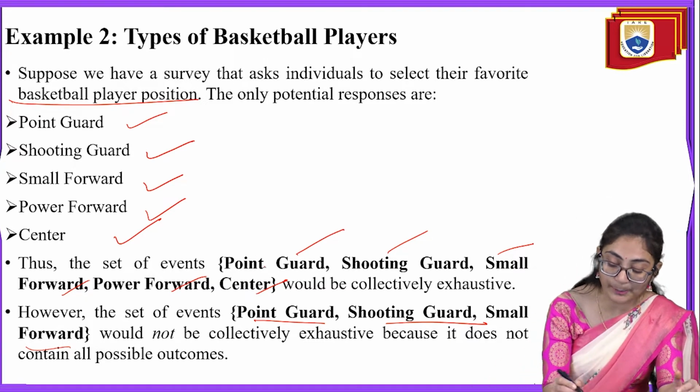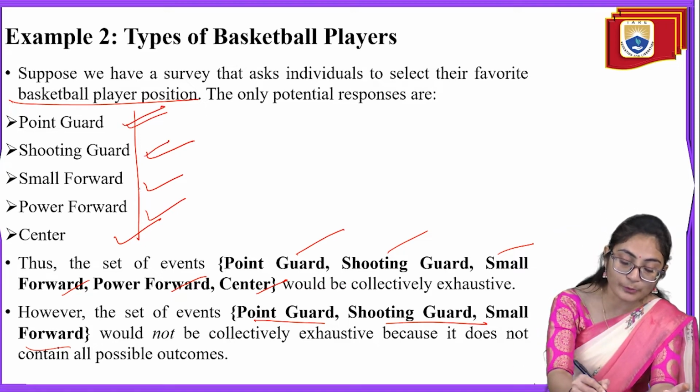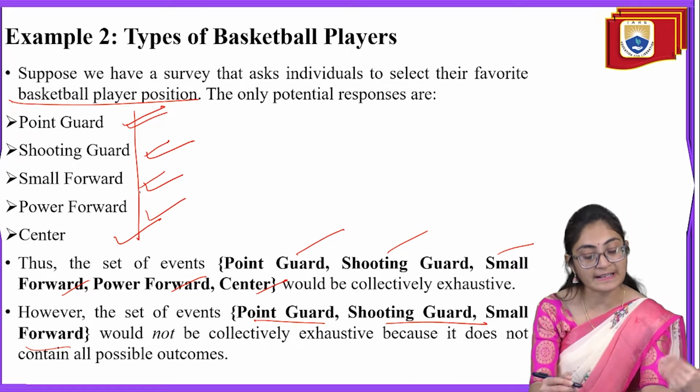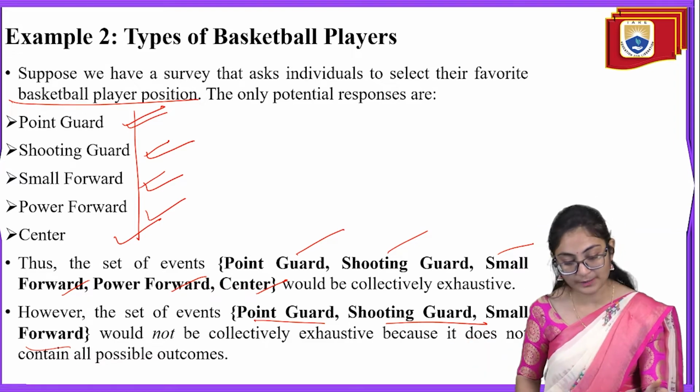But when we keep all these values in one set, like point guard, shooting guard, small forward, power forward, and center, this is a collectively exhaustive set.